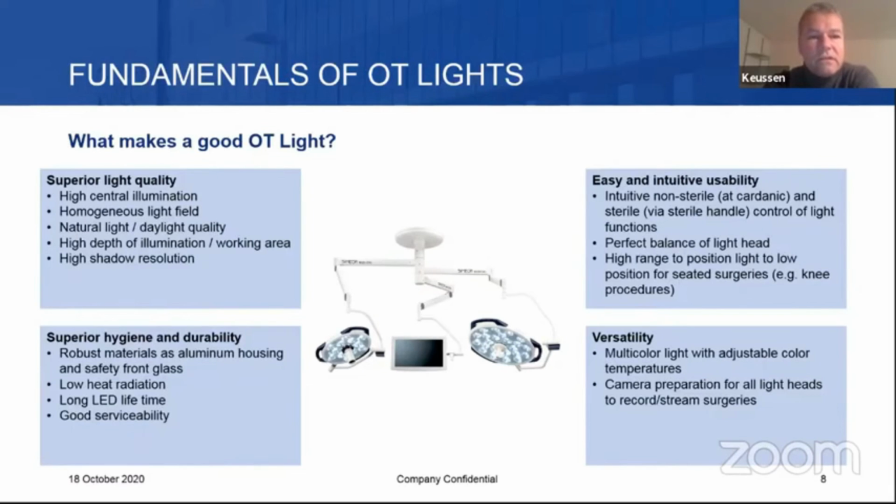So robust materials, as we use, for example an aluminum housing and safety front glass, are important because they can be easily cleaned. It also has low heat radiation, and a long lifetime of the LED is important. In general, we say 60,000 hours. Just calculating, that's more than 10 years without changing any LED.